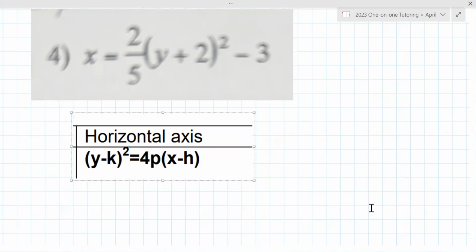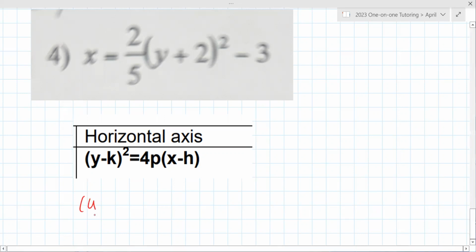Let me know when you've got something. I don't think I did this right, but I got y plus 2 squared equals 5/2 times y plus 2 to the second power. Should be x plus 3 because you're adding 3 to both sides, right? Yeah. And you're not squaring anything. You're just moving it.